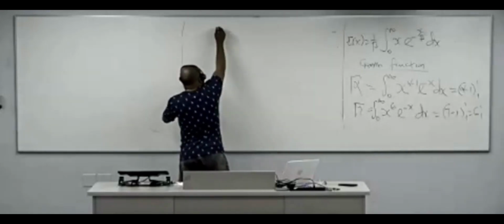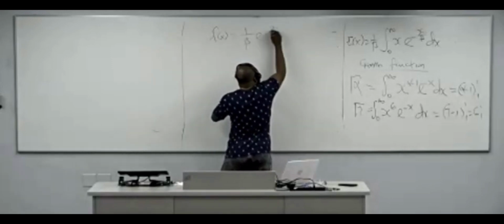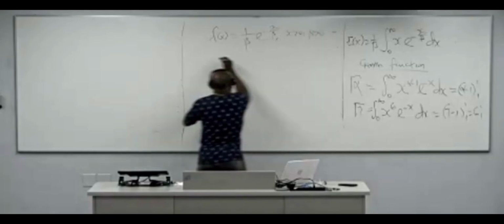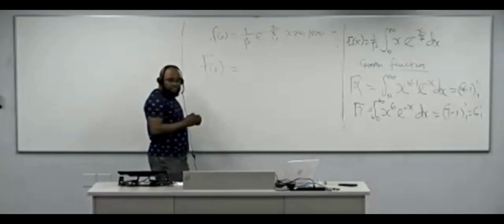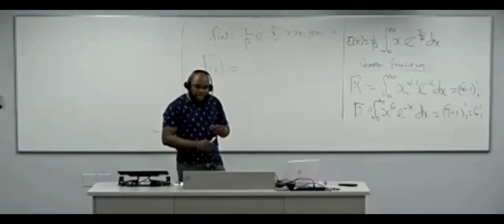Now f of s is 1 over beta times the exponential raised to the power of negative s over beta, s greater than 0, and I want to get a CDF. Please take note, the two are not the same. The PDF is lowercase, the CDF is uppercase.